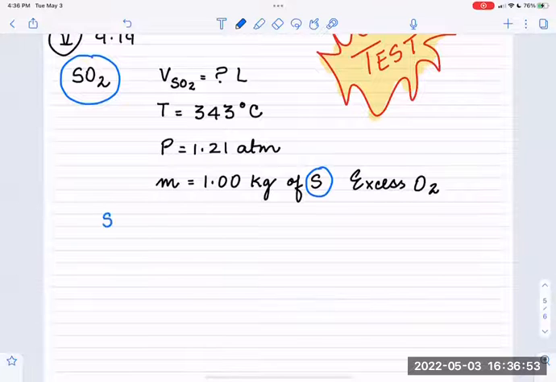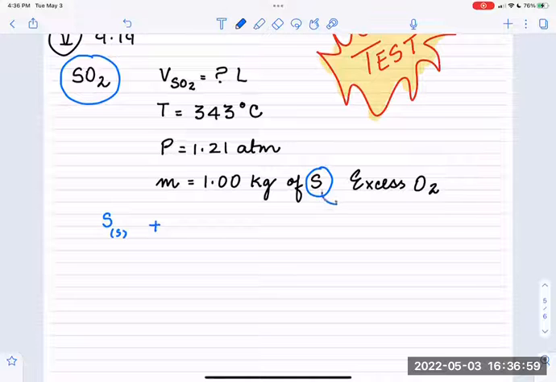So here you're taking sulfur as a solid, reacting with excess oxygen. When we say excess oxygen, that means sulfur is a limiting reactant. Whatever amount of sulfur you are taking, that much maximum amount of sulfur dioxide you're going to produce. So here is oxygen as a gas in excess.